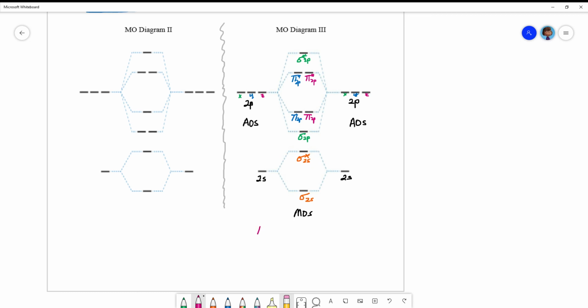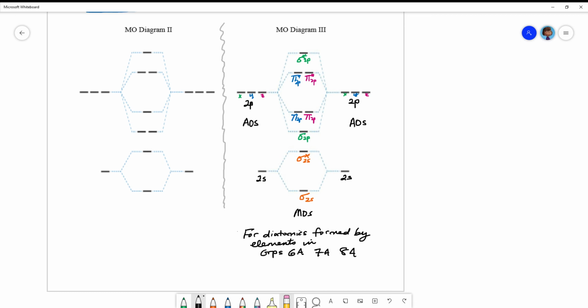This over here is for diatomics formed by elements in groups 6A, 7A, and 8A.